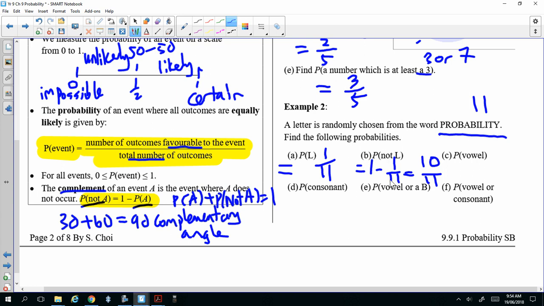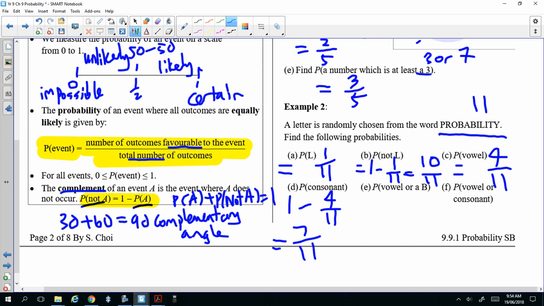How about the probability of a vowel? Which ones are vowels? The vowels are O, A, I, and I, so 4. 4 out of 11. Consonant is the complement to vowel. You do 1 minus 4 out of 11, so 7 out of 11.